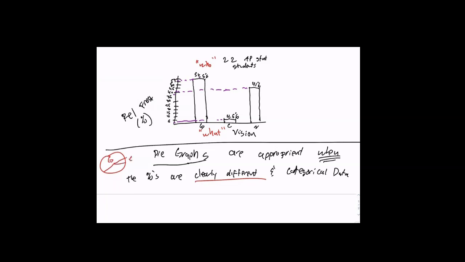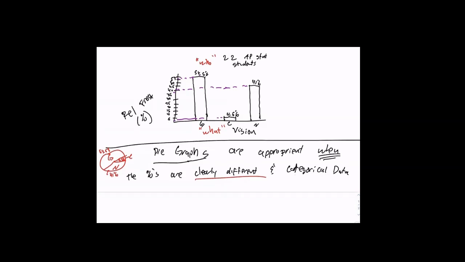This would be contacts right in there, and then neither. That would be 54.5%, 4.5%, 41%. That's how you would do a pie graph.